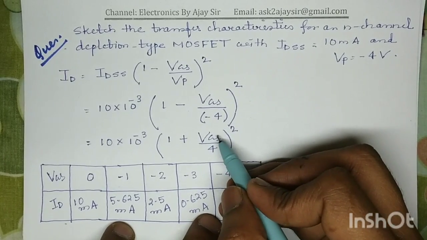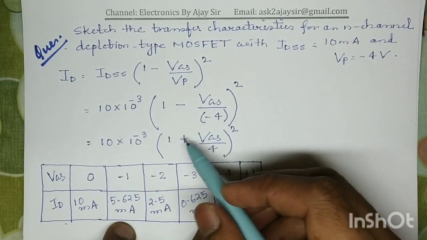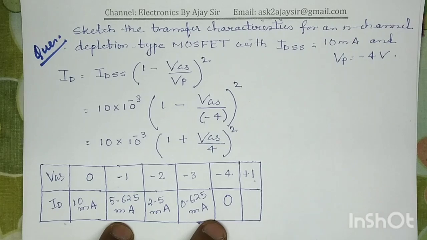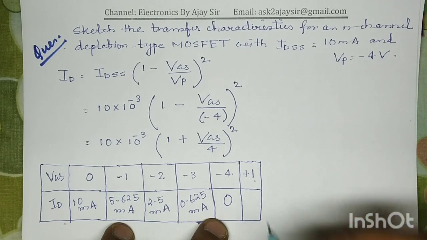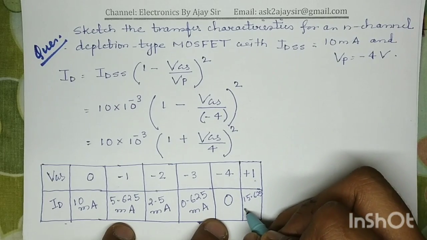For -4 here, 1 minus 1 is 0, so ID becomes 0. For +1, it is 1 plus 1 by 4, which is 5 by 4, square of it is 25 by 16. So the result becomes 15.625 milliampere.